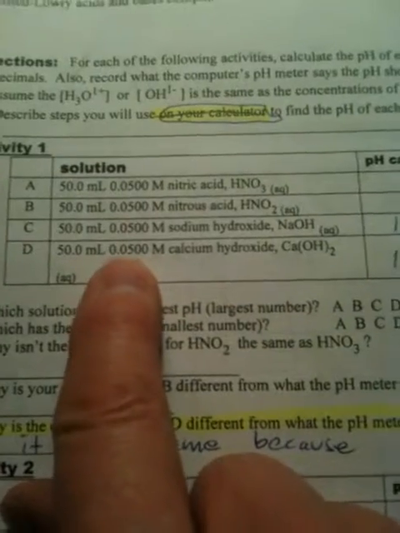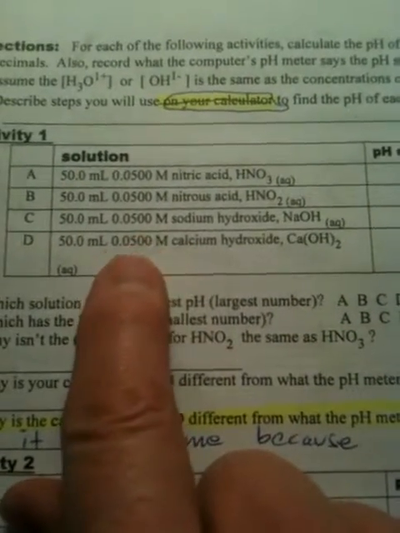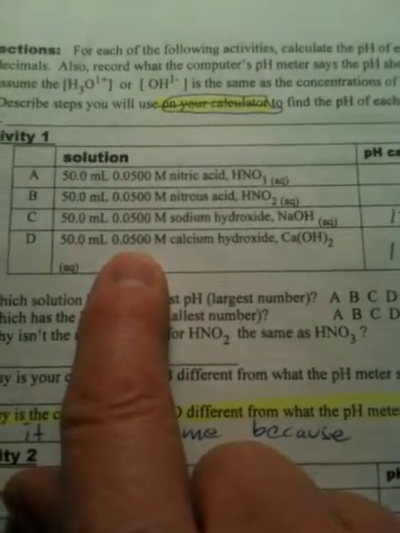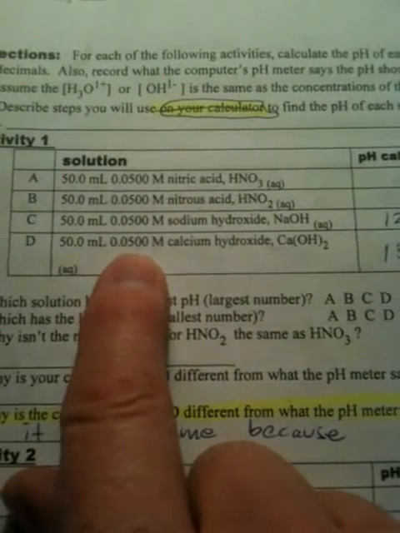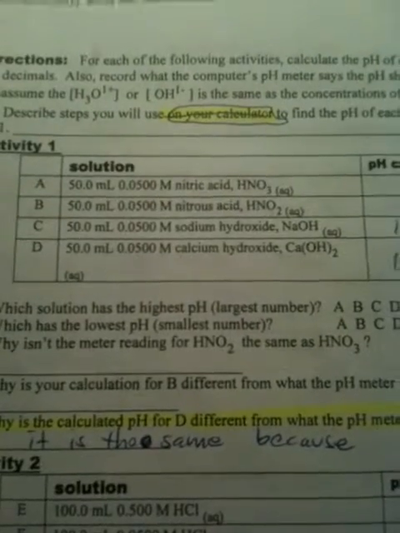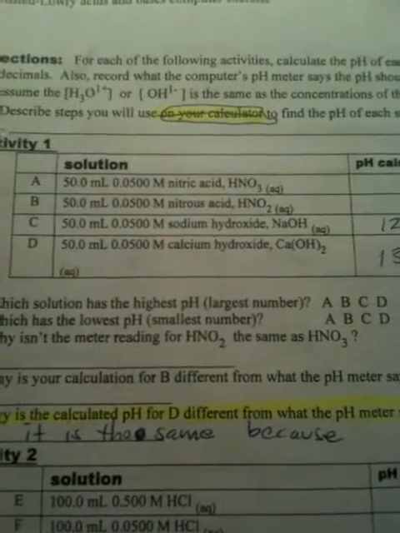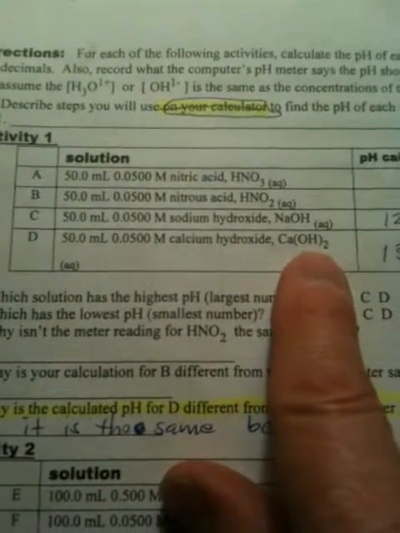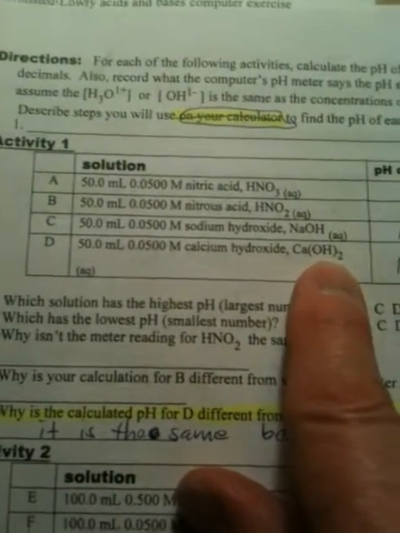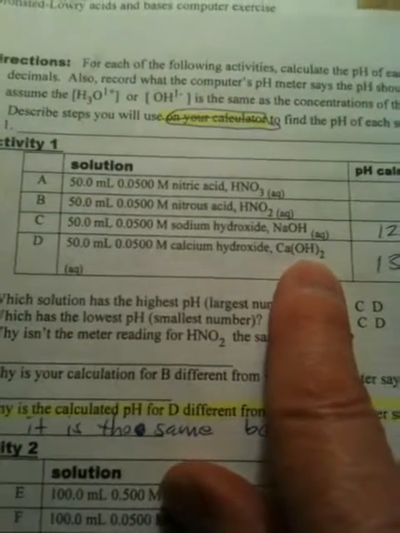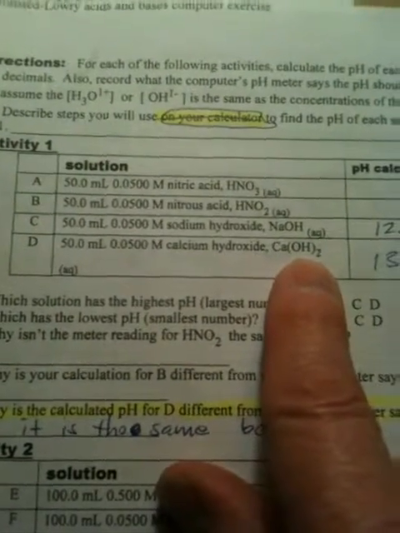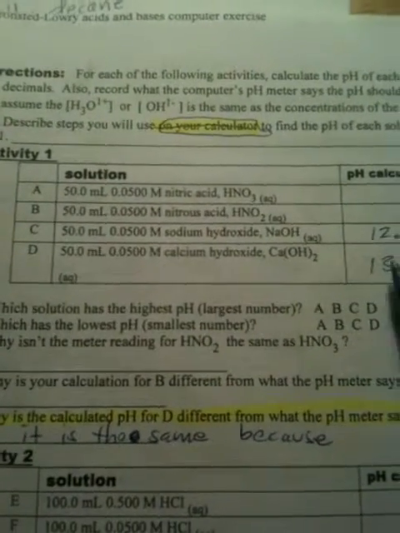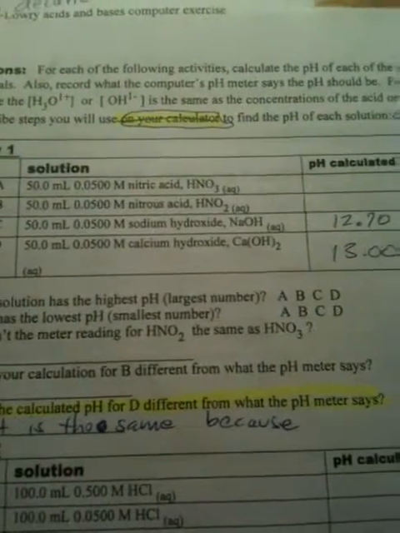And so when we're talking hydroxide concentration, that's going to be double this number, or 0.1. So you're going to take that as the concentration and do the minus log of it, and that will give you the pOH because this is a hydroxide. Now to get the pH, you have to subtract that pOH from 14, and that will give you the number that you see here.